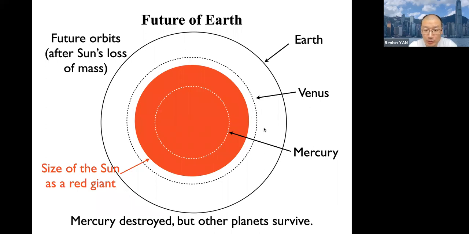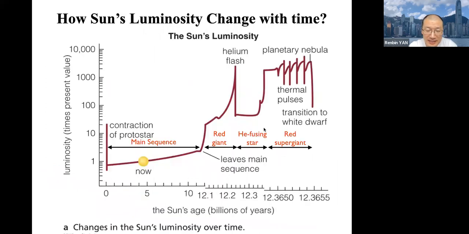So most planets will still survive, but at the same time, the luminosity of the sun is going to be so much higher. This plot shows you how the luminosity of the sun will evolve with time. Again, this is the main sequence stage. The luminosity of the sun is roughly stable. It's not perfectly stable, but it's almost the same.